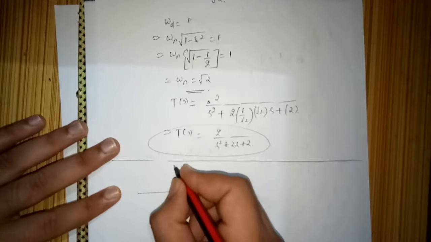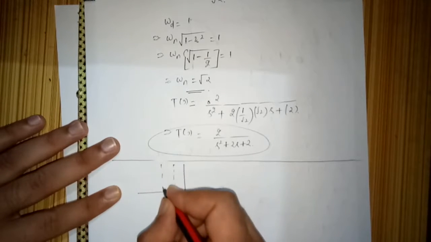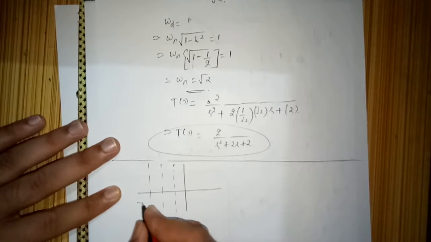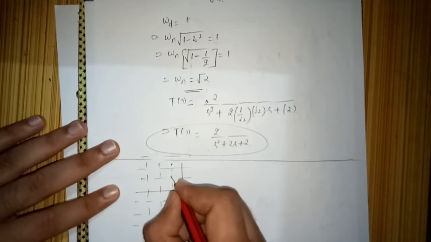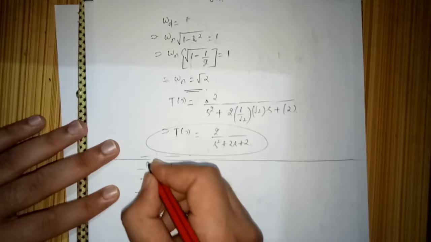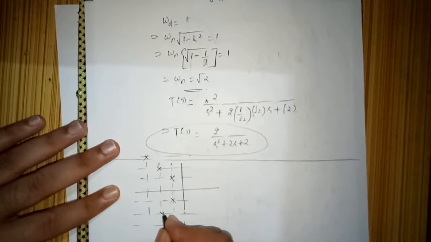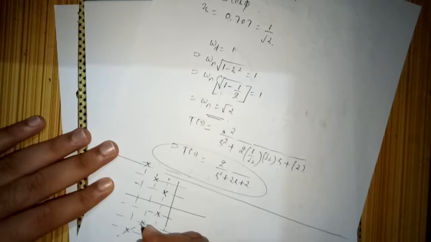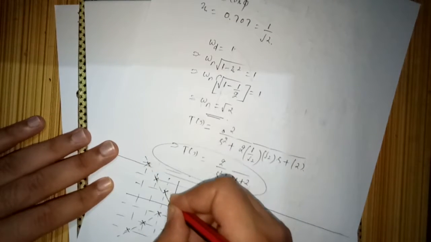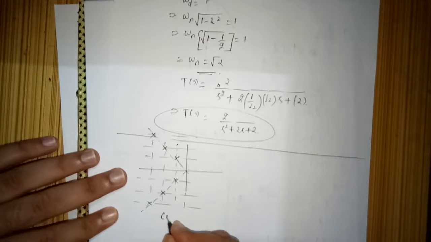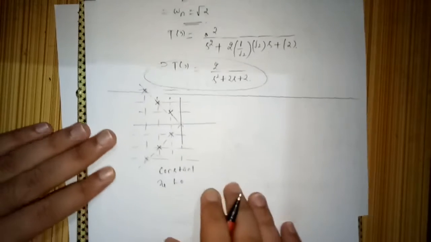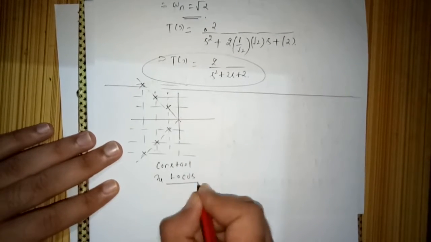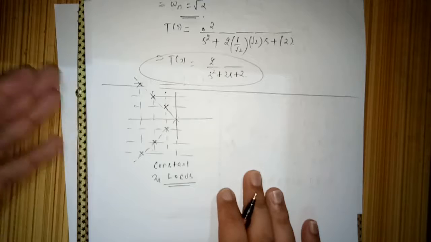If my location of pole moves like this, this is known as a constant zeta locus, right?